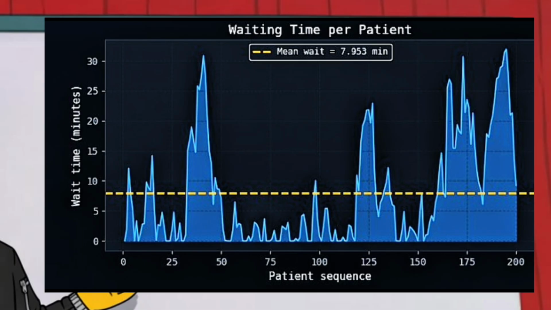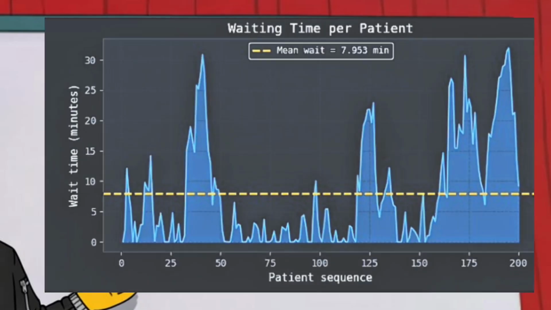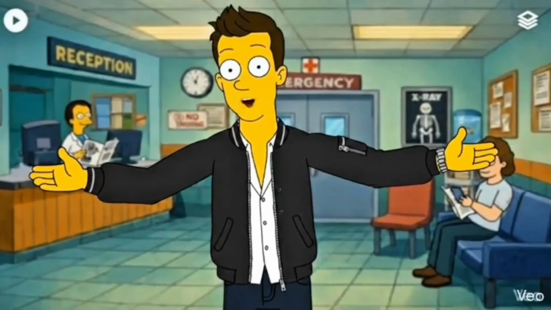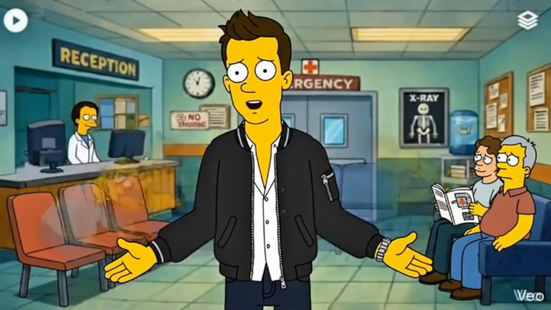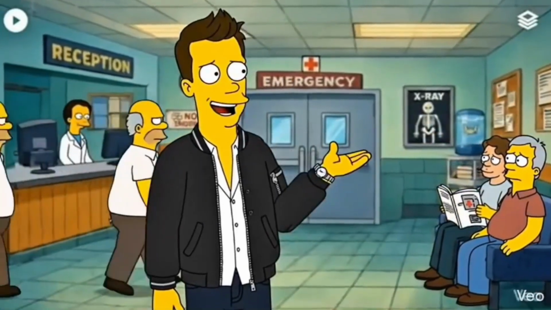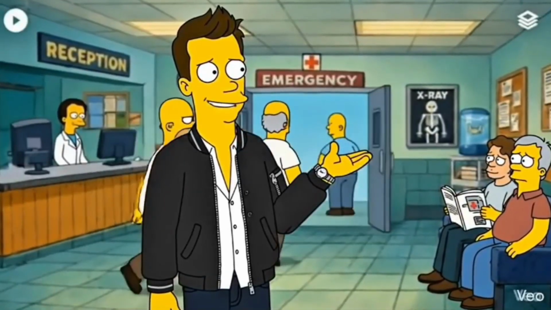The dashed orange line marks the real average, 7.95 minutes. Notice the pattern in streaks, periods with high points followed by periods with points at 0. That is not random noise. It is the visual signature of exponential arrivals. When patients arrive in groups, waiting time increases. When there is a long gap, the queue empties and several consecutive patients enter without waiting.